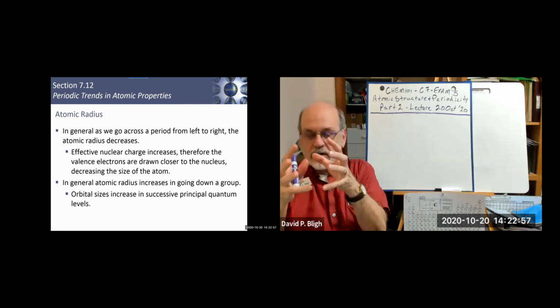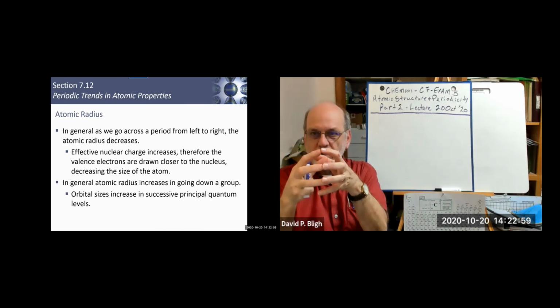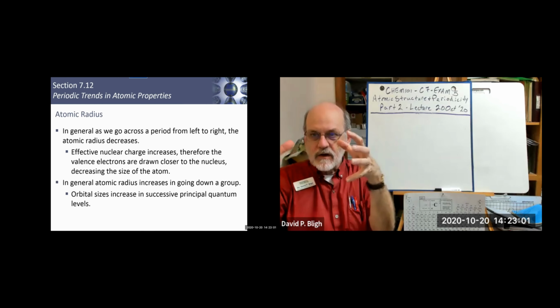So you might have the first energy level here, second here, third here, as you go down. So the atomic radius increases as you go down or decreases as you go up. So the trend then, up and to the right, is decreasing radius, but from upper right to lower left, increasing radius.